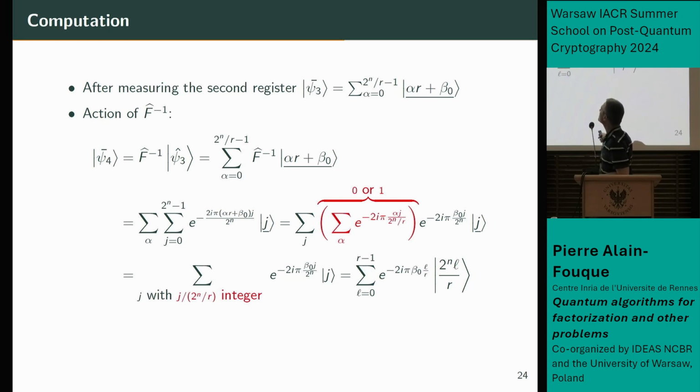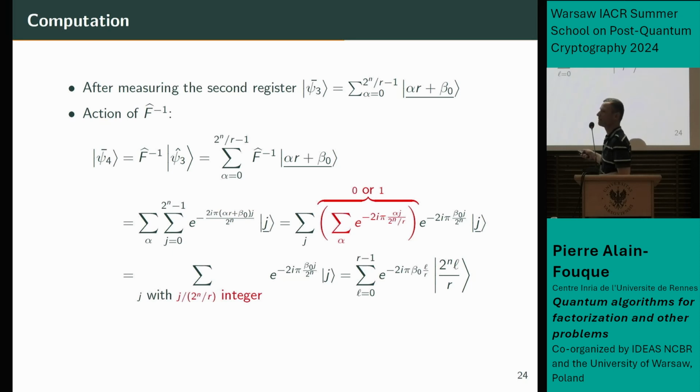Now I can apply my crucial lemma that says that this value will be 0 or 1 according to some value here. This allows me to simplify the sum, because the sum of these values will be 0, and I only get 1 when j divided by 2 to the n, divided by r, is an integer. So in this sum, I can only have some specific values j such that this value is an integer.